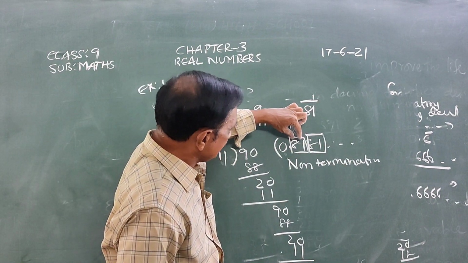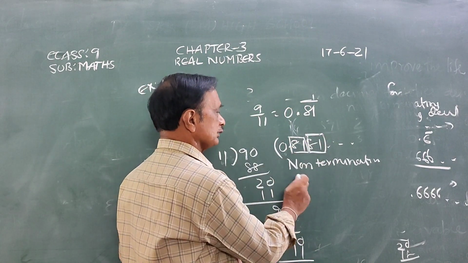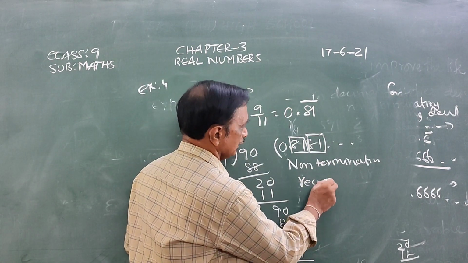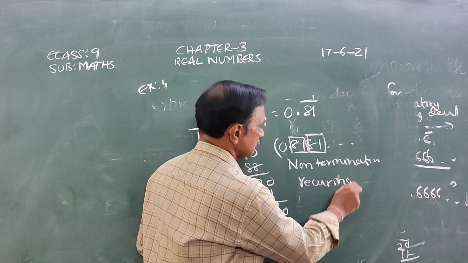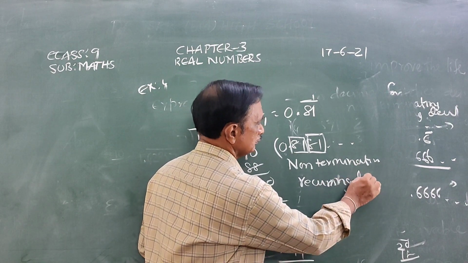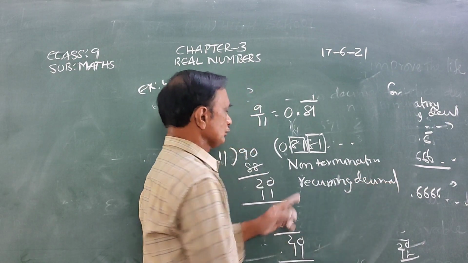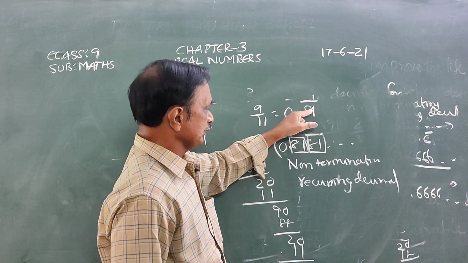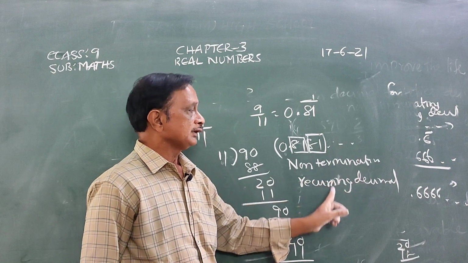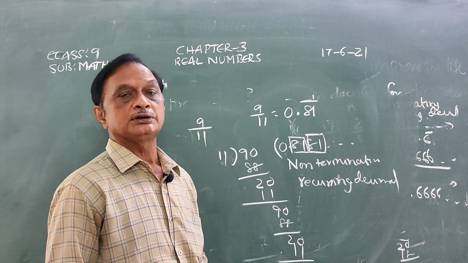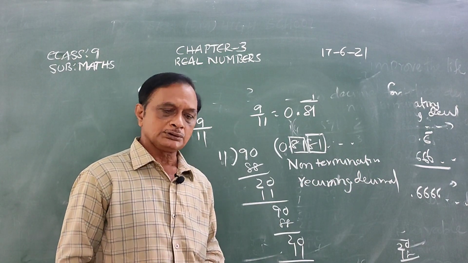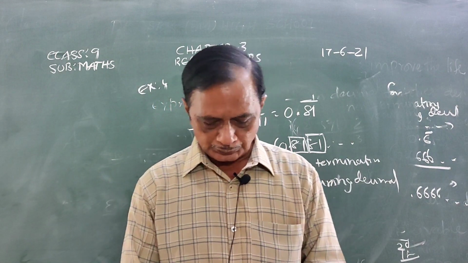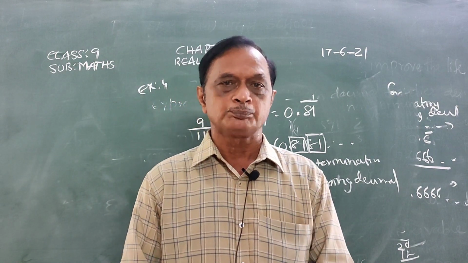As some of the digits are repeating, this decimal is called a recurring decimal. So 9 by 11 equals 0.81 bar on 81 is called what? A non-terminating recurring decimal or non-terminating repeating decimal. Okay? In the next class we go through the remaining examples. Thank you.